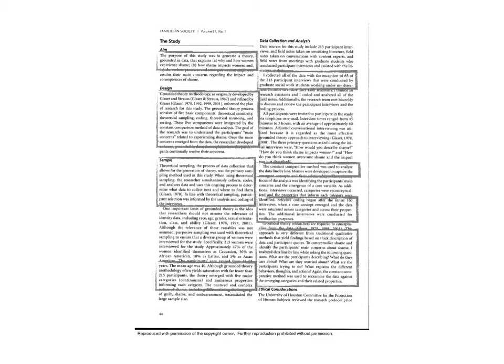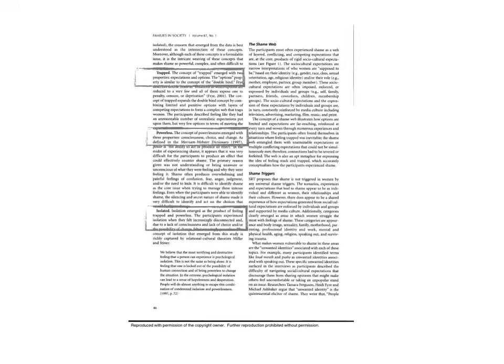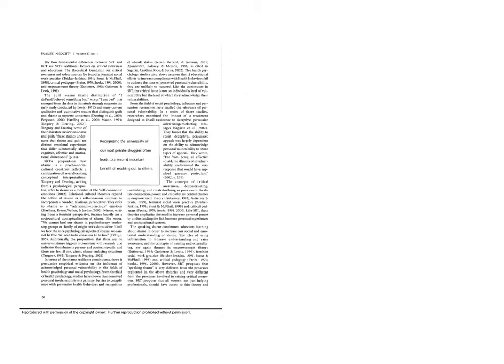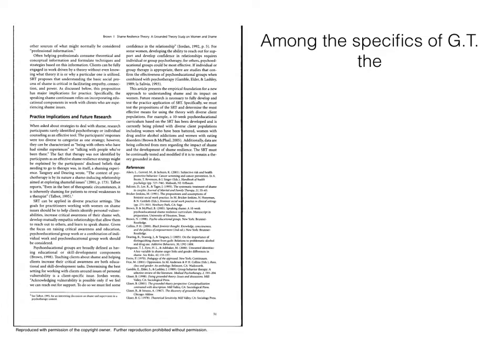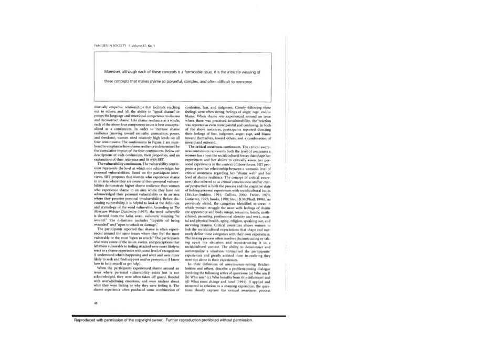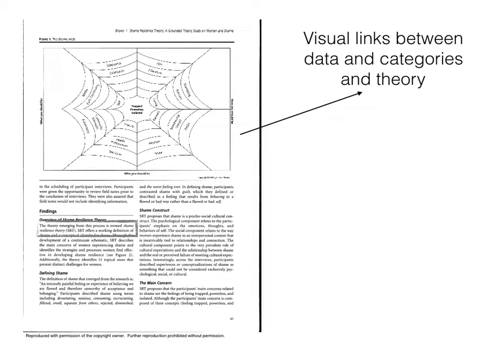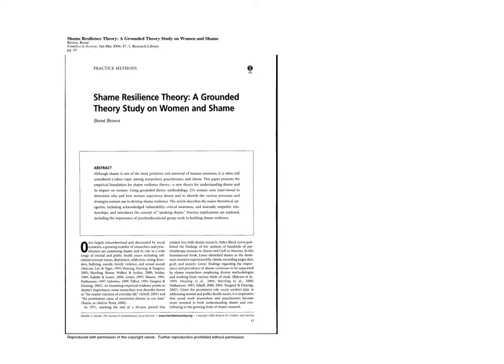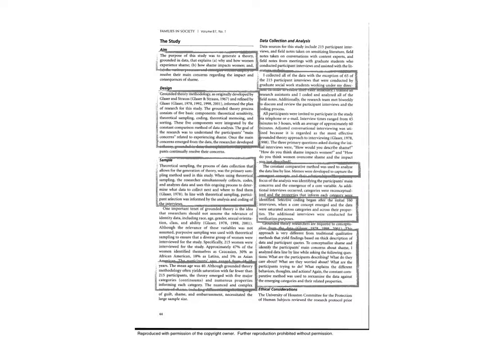And of course, skipping to the end of the study, right here. The theory emerging from this process is termed shame resilience theory. So at the end, she clearly states the theory that she finds.